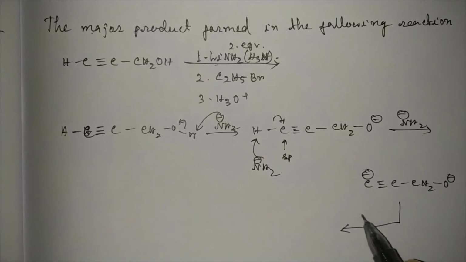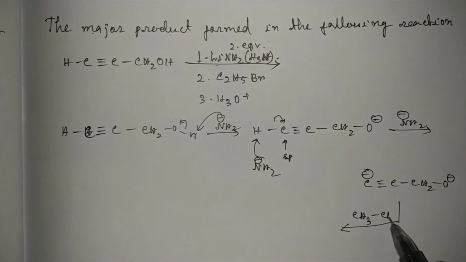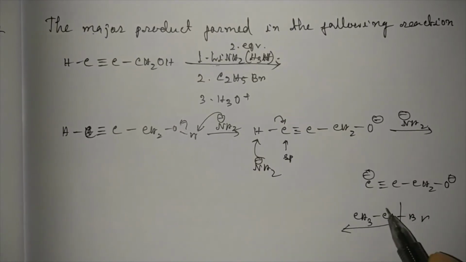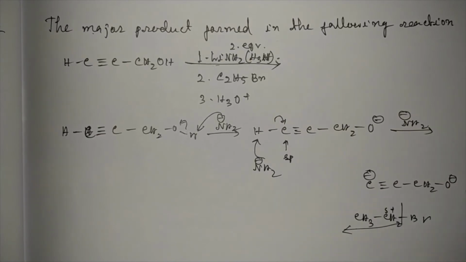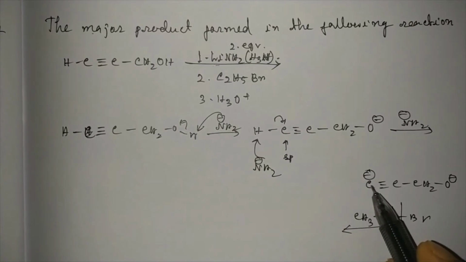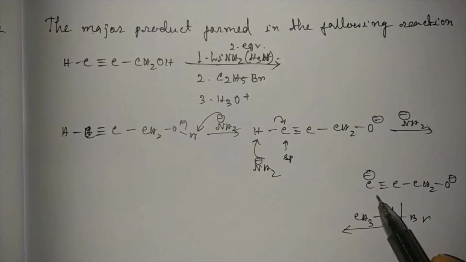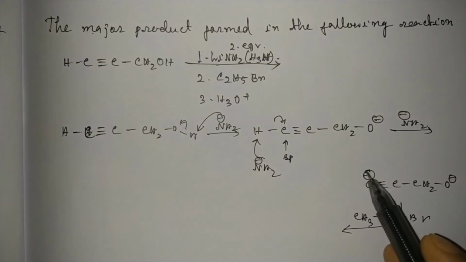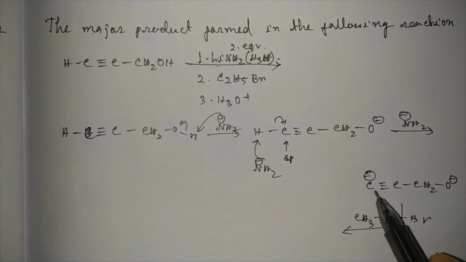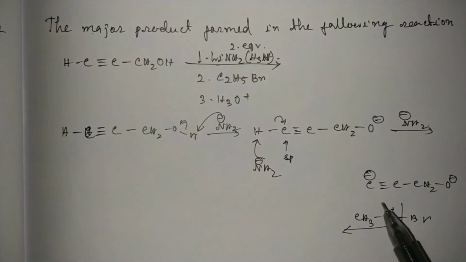Now it is treated with CH3CH2Br, which is the electrophilic center. This is an ambidentate nucleophile, so it has 2 donor centers. In this case the carbon is a stronger nucleophile than oxygen, because carbon has lower electronegativity than oxygen, so this negative charge is much more available than on oxygen.